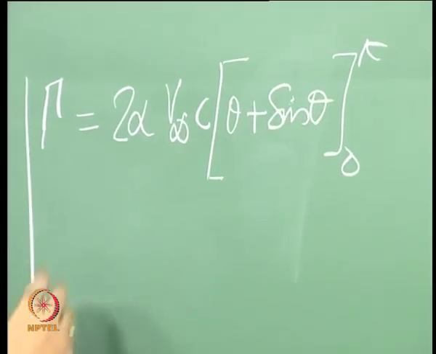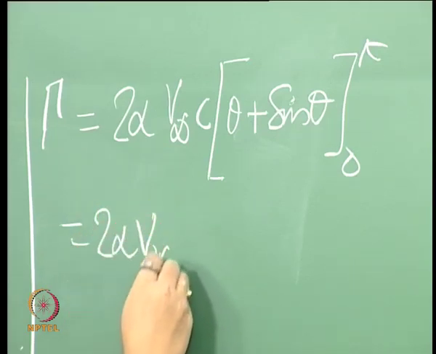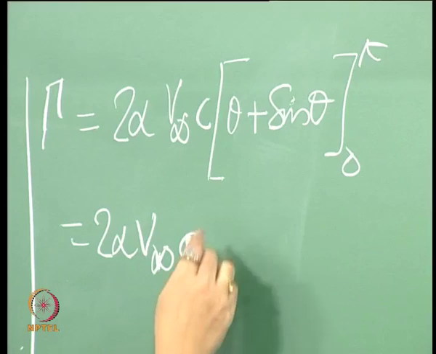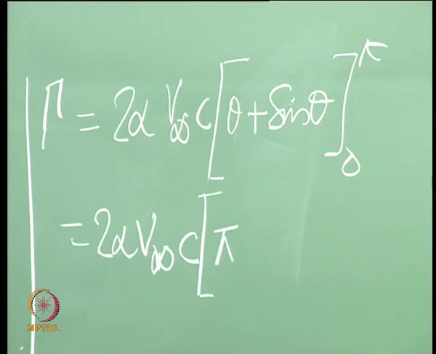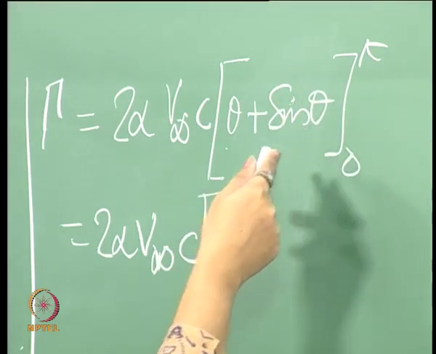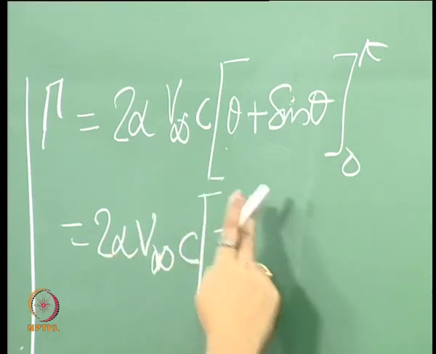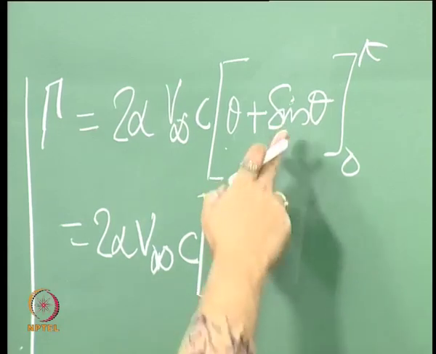Which becomes 2 alpha v infinity c times pi plus sine pi, which is 0, minus 0 minus sine 0, which is 0.